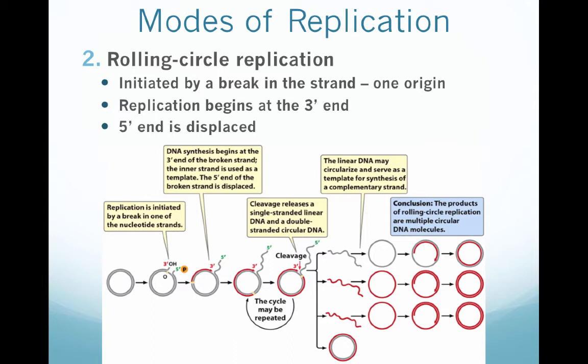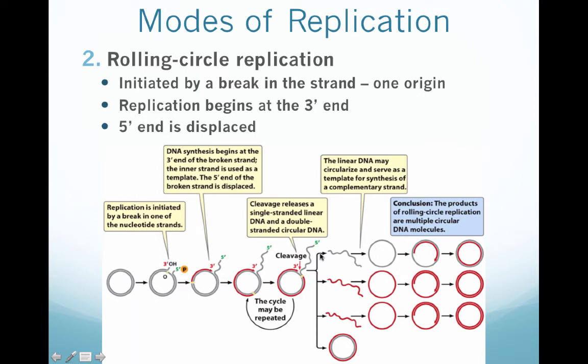It's just kind of hanging out in the cell of these bacterial organisms. And so as we start to add more and more nucleotides to create a longer and longer newly synthesized strand, as we can see here, or shown here by the red, then we end up getting a cleavage site that is going to release the single strand linear DNA and a double-stranded circular DNA, so that the result actually results in 4 different products.